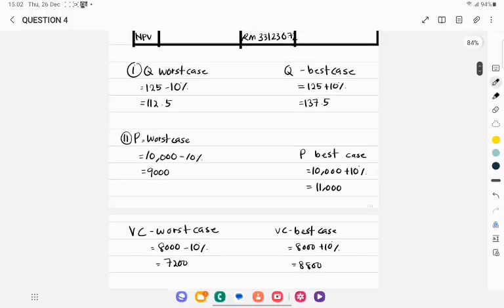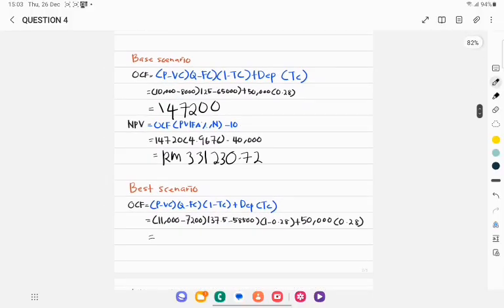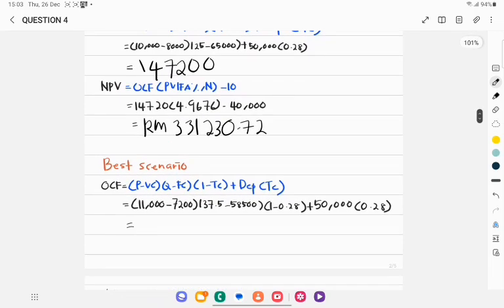Okay, let's move on. We are going to do the best scenario for the OCF. So the formula for OCF is P minus VC multiply quantity minus FC multiply one minus tax rate plus depreciation multiply tax rate.